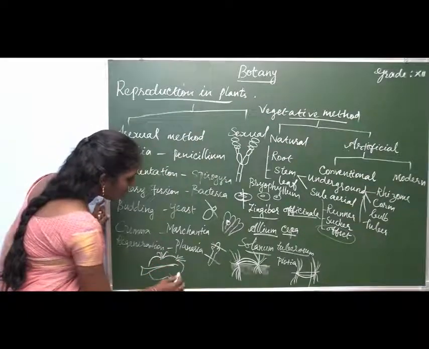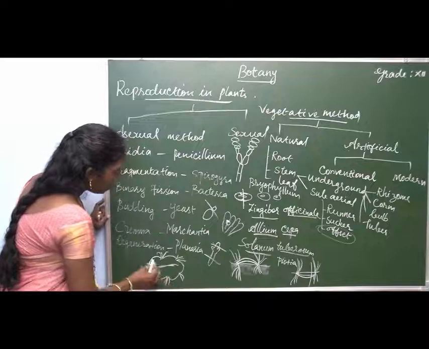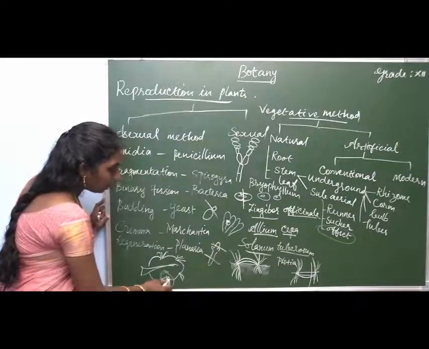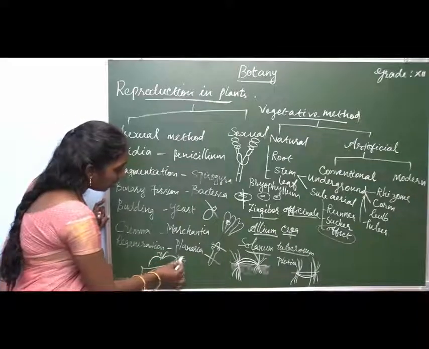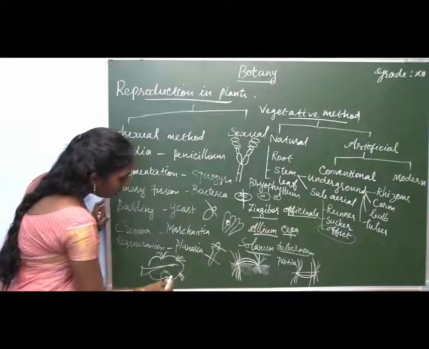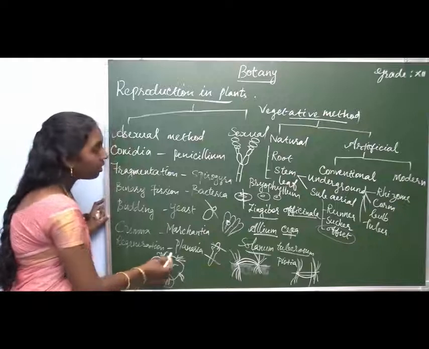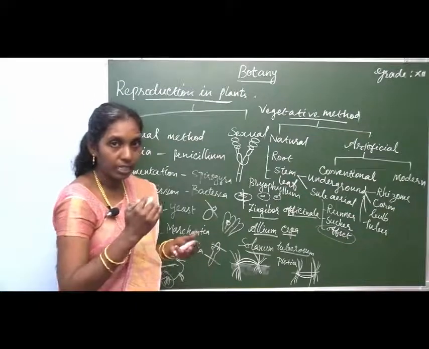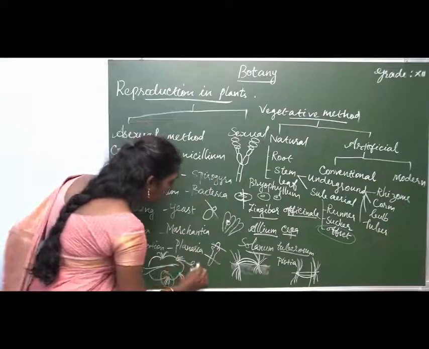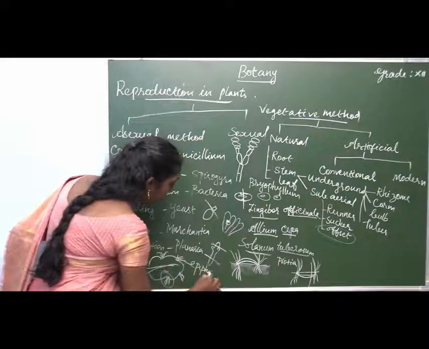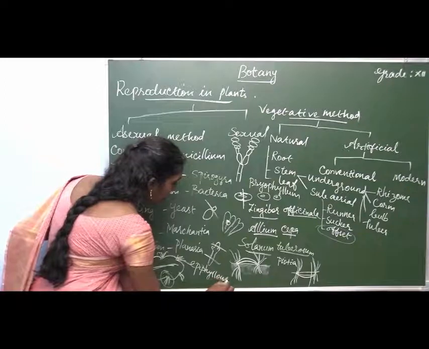Here the adventitious buds are developed. Now, this area is called the notch, that means the edges, the margin. From this margin, these adventitious buds are developed in the leaf. These buds are called epiphyllous buds.